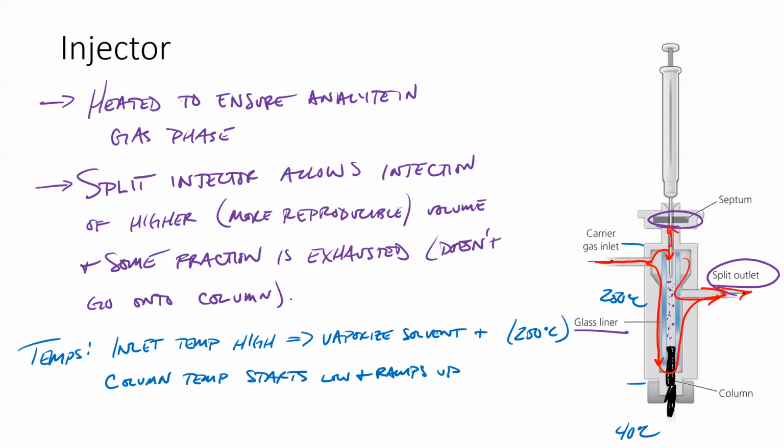Okay. On the other end of the column, the detector, right, we need to make sure that nothing comes off the column and recondenses on the detector, right? We want it to stay in the gas phase. Once it gets in the gas phase on the column, we want it to stay in the gas phase as we go out.